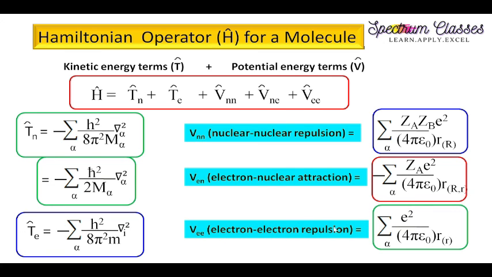The next term is electron repulsion. So here you can see e square upon 4 pi epsilon 0 R, and this depends on the interelectronic distance, right? So R represents distance here, and the subscript represents which parameter it depends on. Fine. All these terms have their usual meanings.